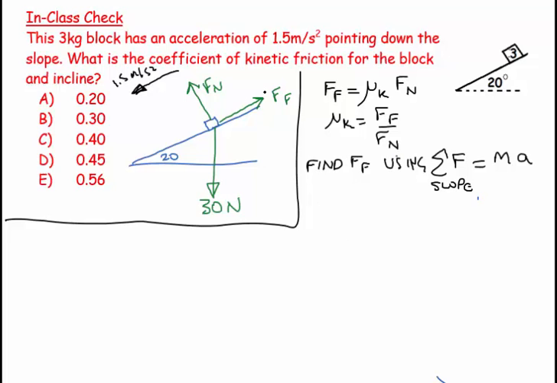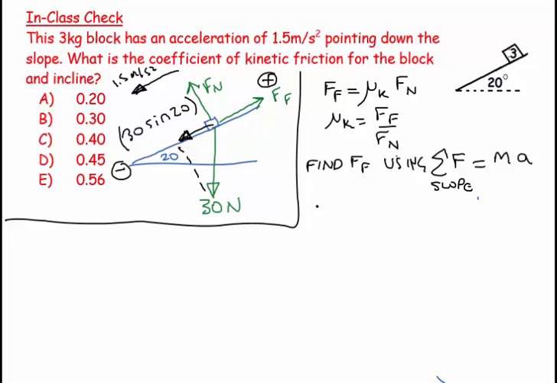And so I look at my diagram and I recognize that I have a component of the 30 newtons along the slope. I hope you get to the stage where you can write down 30 sine 20 without much effort. Let's make this end positive and this end negative.